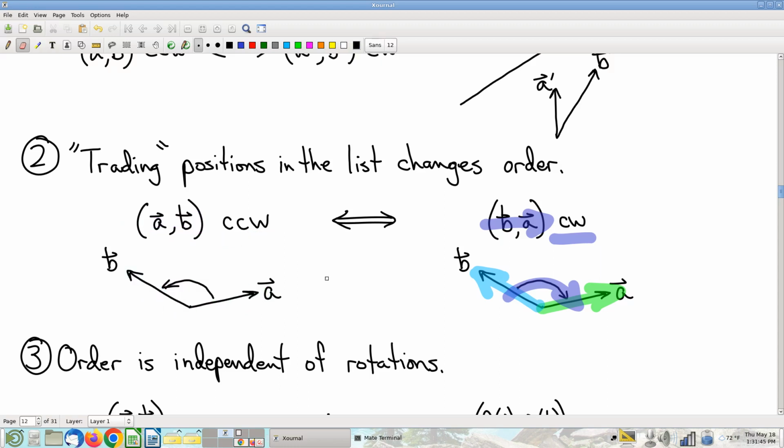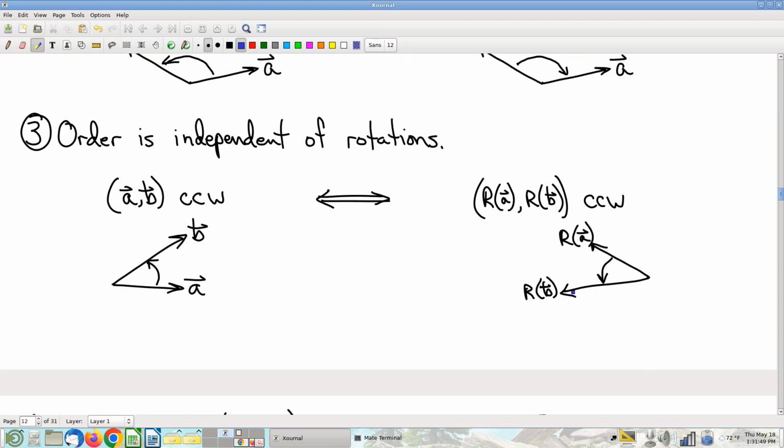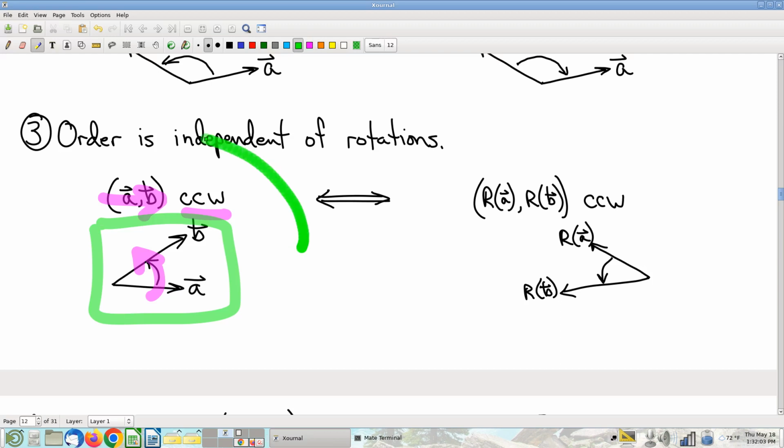Okay. And let's see here. The order is independent of rotations. So if you have, for example, this list AB, notice that is counterclockwise. Now if I were to take this whole picture and just rotate the whole thing by some amount, theta, whatever.